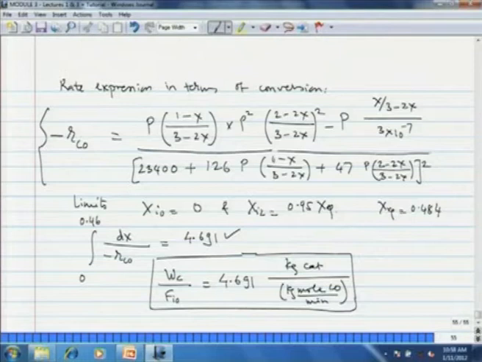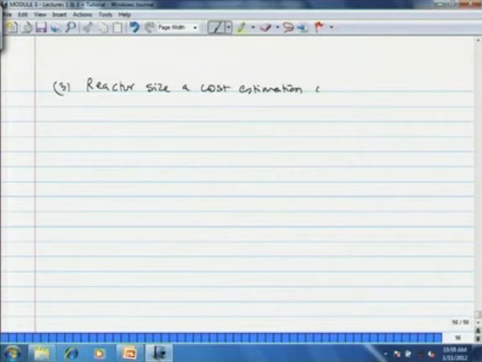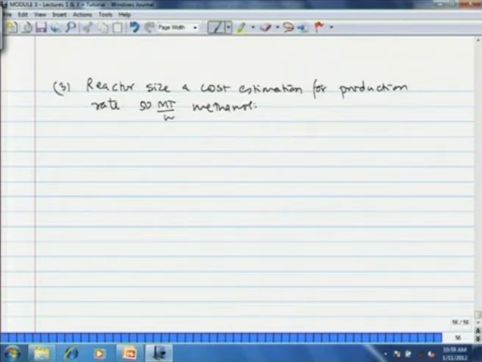We move to the third bit of the problem, that is reactor size and cost estimation for a production rate of 50 metric ton per hour of methanol. Now, the stoichiometry is 1 mole of methanol is produced per mole of CO converted.